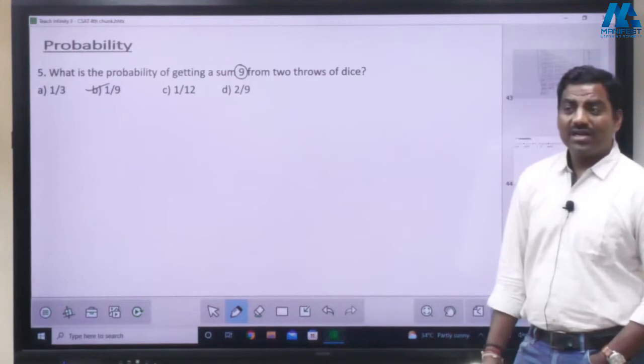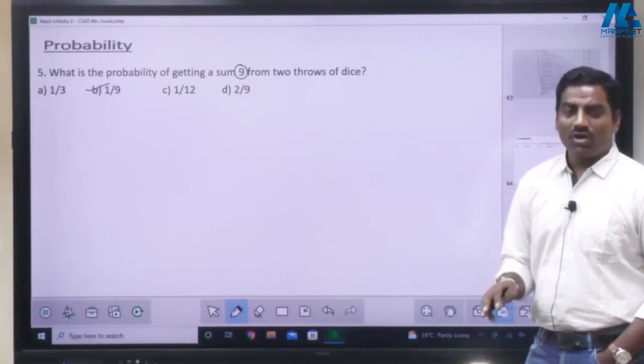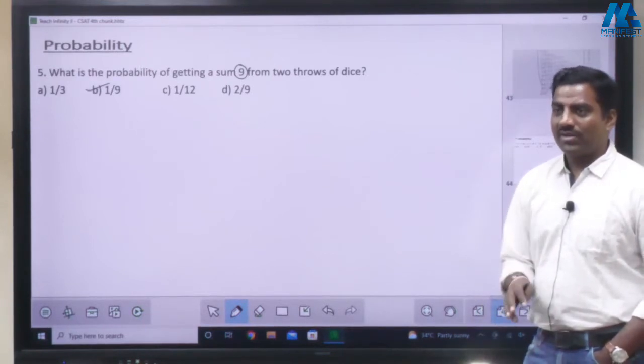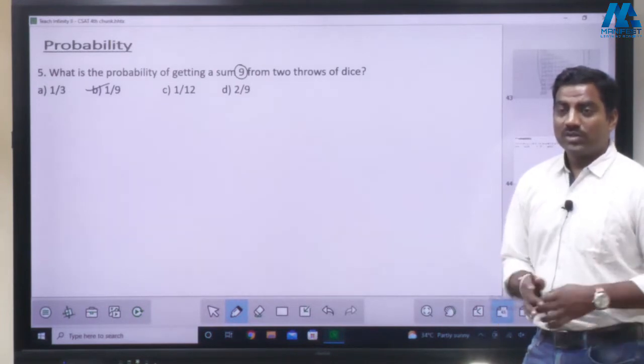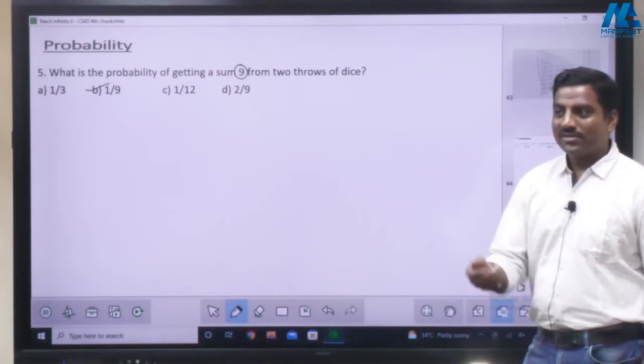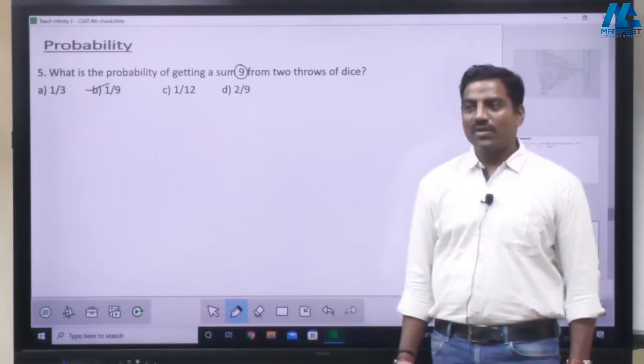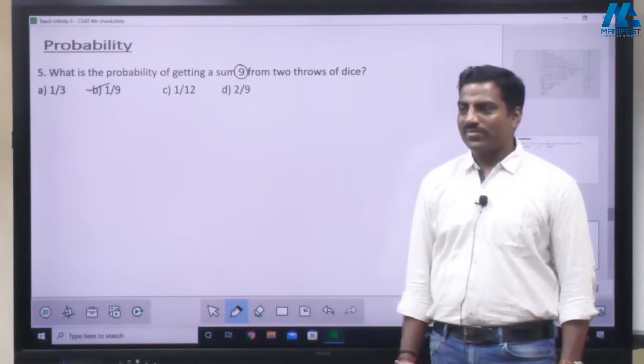Is it tough? No, right? You can visualize it. Have you played dice in your life? Before we were introduced to dice, there were other instruments. Chaukawara, what you call. There the possibilities are from 1 to 4, then 8.